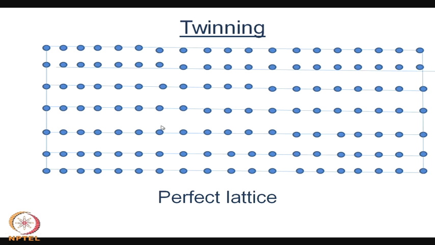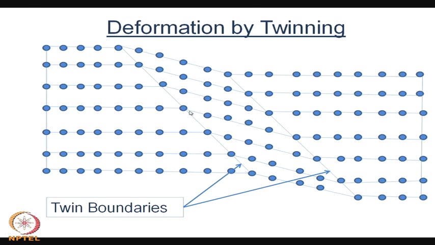However, if there is a mechanical stress, either internally generated or externally applied, depending on the nature of the crystal, its energetics and the energy required to form different kinds of defects, twinning may take place. This is what we call twinning, that means a kind of shear deformation.